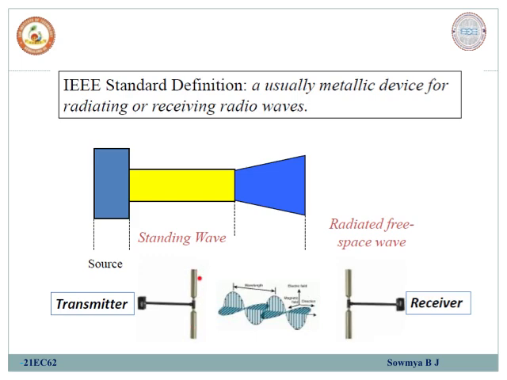This extension represents the conversion of this standing wave to the radiated free space wave. At the receiver section, the antenna takes this free space wave and converts it to the standing wave, and finally it is sent to the receiver section.